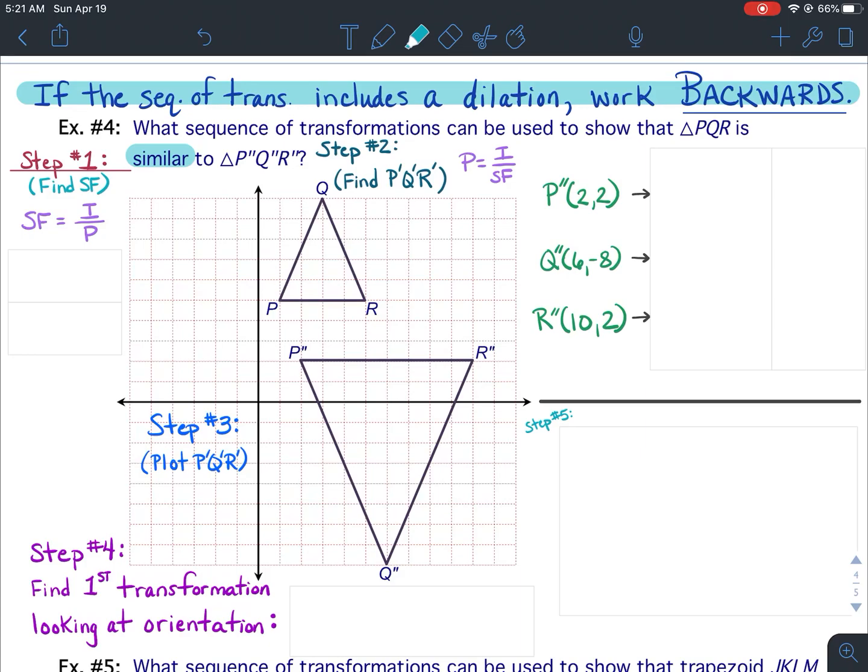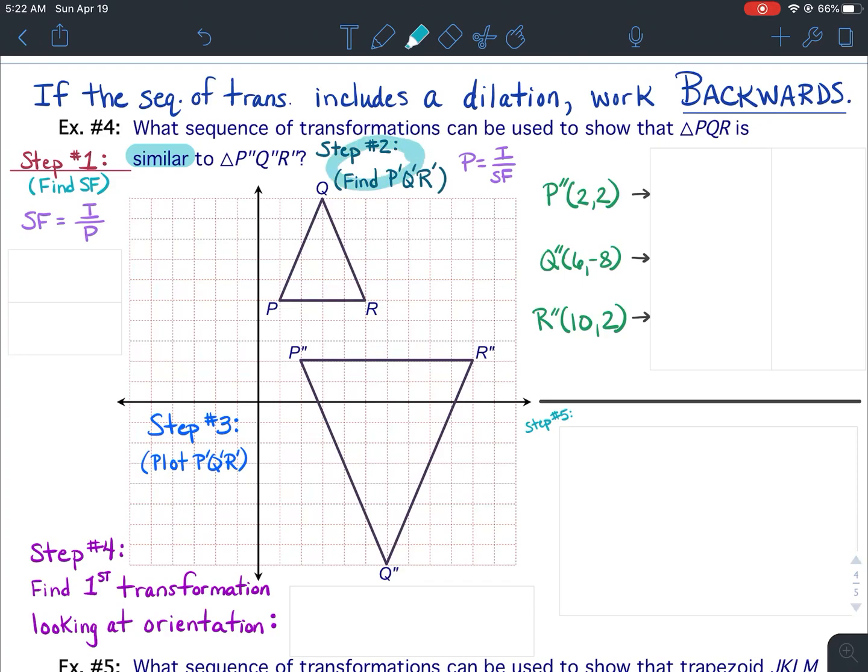Okay, so we're going to work backwards. In other words, we're going to start with the double prime figure, find the prime figure, and then figure out what happened. So we know a dilation occurred, so we're going to figure out the prime figure by using the dilation. There are 5 steps to do this. Step 1 will be to find the scale factor.